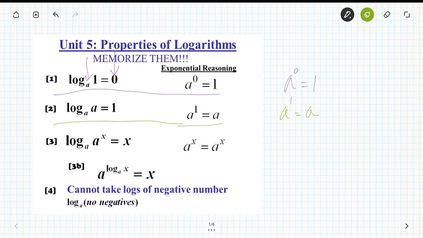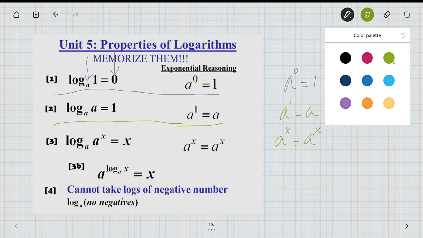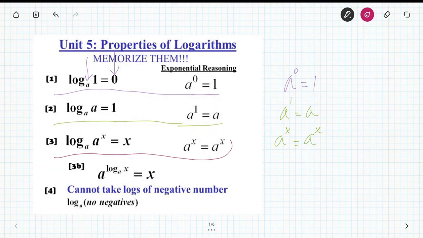And you have that exponential reasoning right here. Similarly, the more generalized statement is saying that log base A of A to the power of x equals x. Okay? And this is kind of the more complete package right here. This is a more general statement, and this would be a log rule.